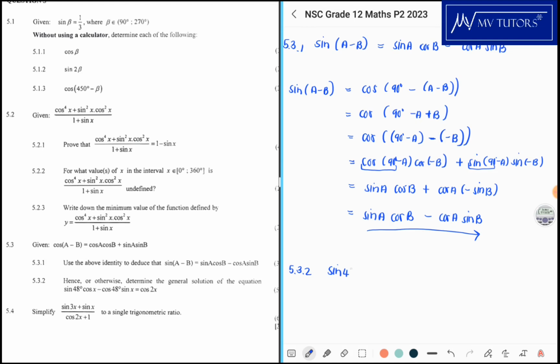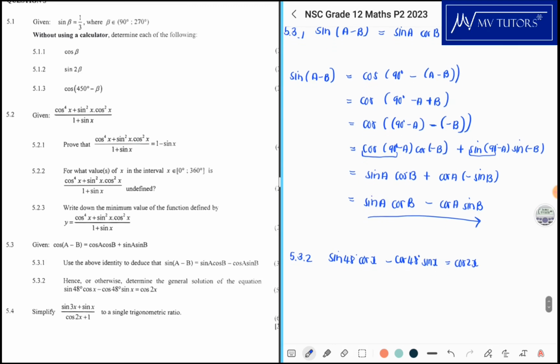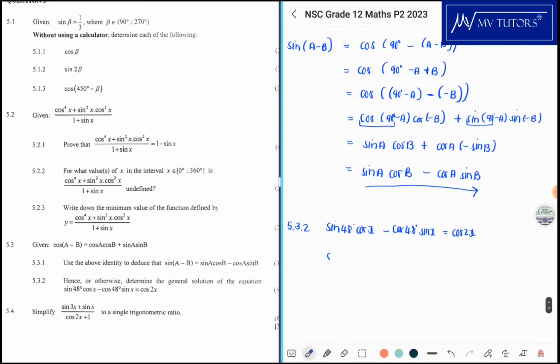So I have sine 48 cos x minus cos 48 sine x, which is equal to cos 2x. If I simplify this, I go back to sine. Remember, it looks like this, right? So we're going to use that. So I have sine of 48 degrees minus x, and that's equal to cos 2x.